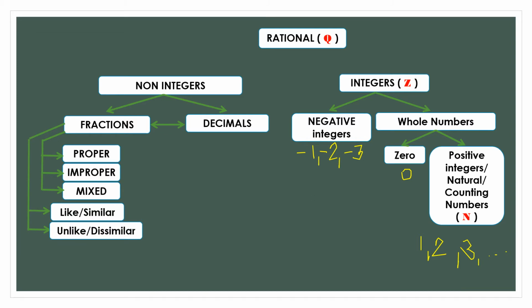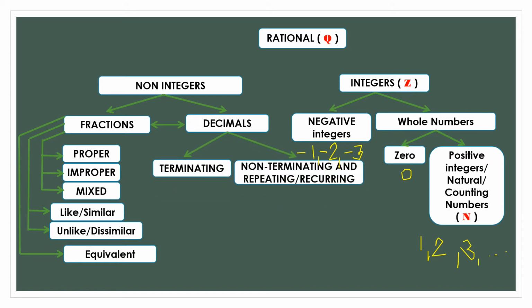We know that there are like or similar fractions and unlike and dissimilar fractions, and also equivalent fractions. For the decimals, we will be learning about the terminating decimals and the non-terminating and repeating, or what we call recurring decimals. If we're going to combine all of these, we can have what we call rational numbers.